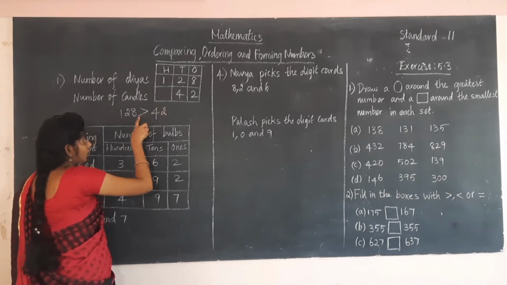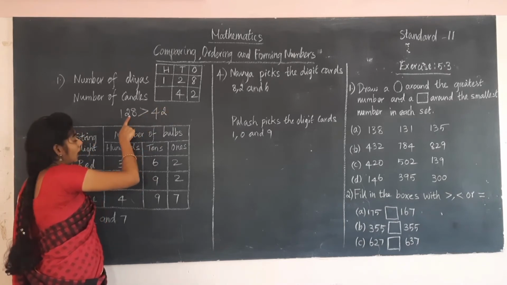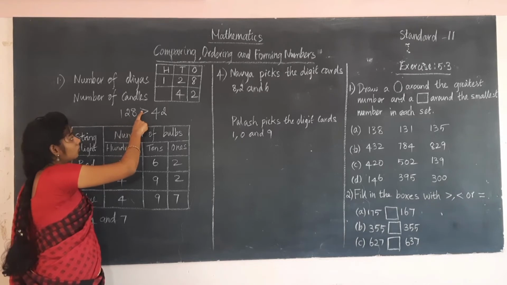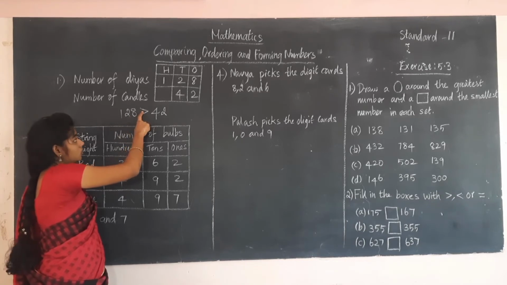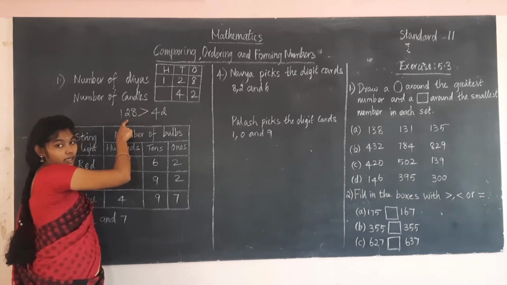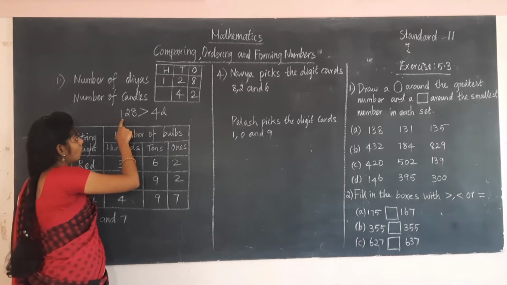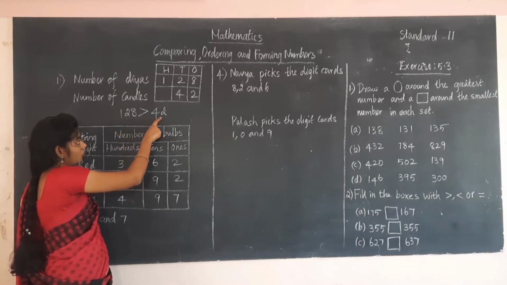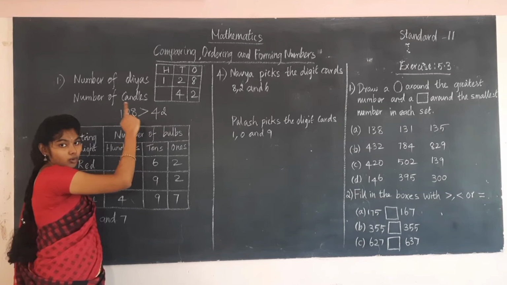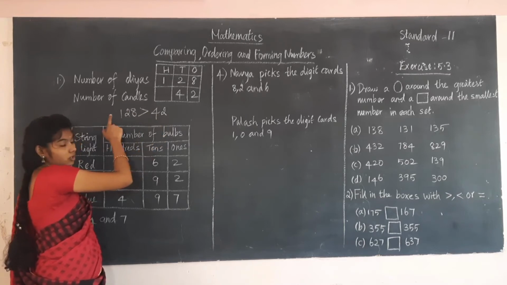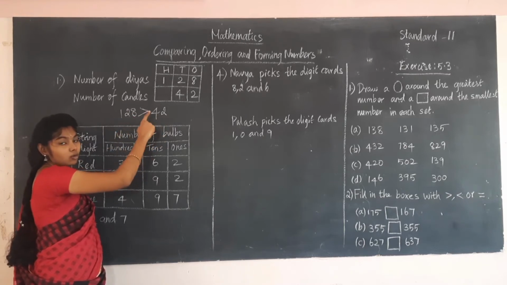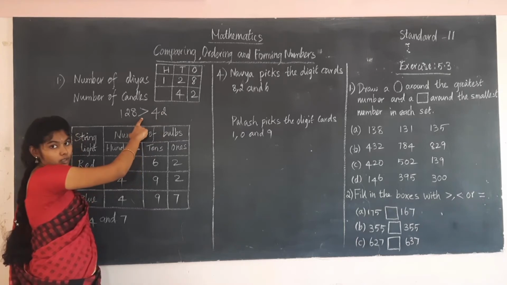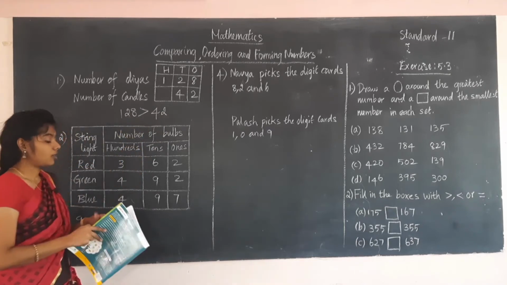You know this sign, this is the greater than sign. Where the number is greater, there the open side of the sign will be. So this is 128 greater than 42. In a sentence you can write 128 greater than 42, or you can give the symbol. This is the answer for the first example.